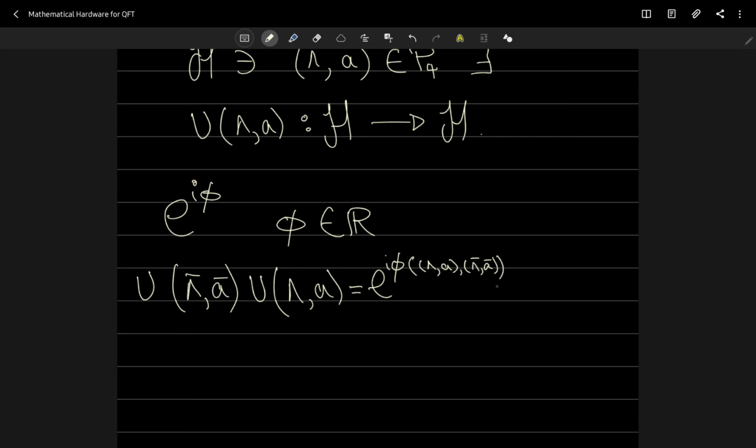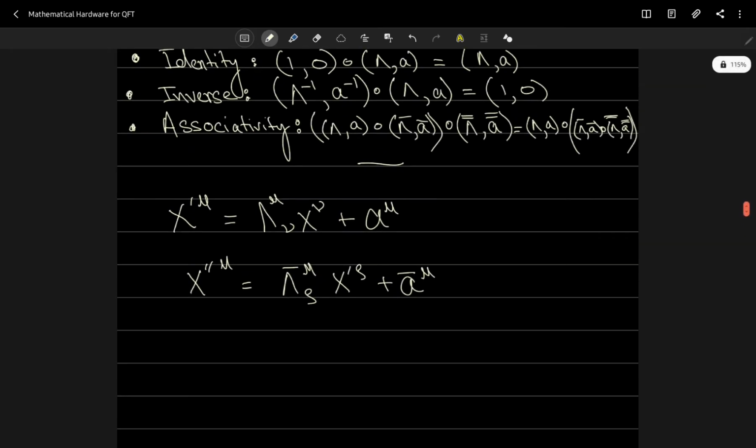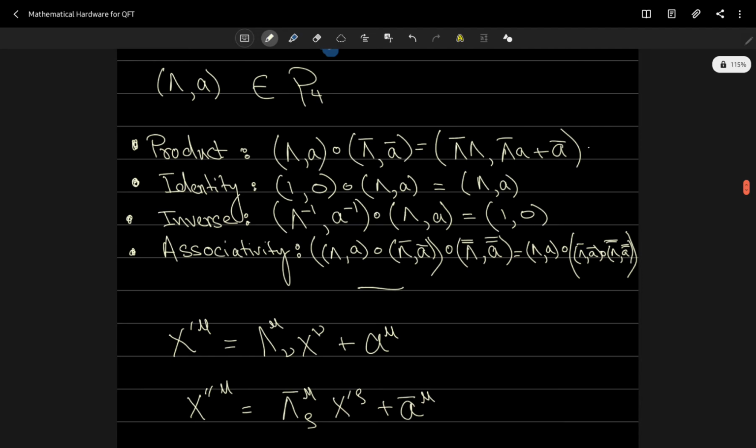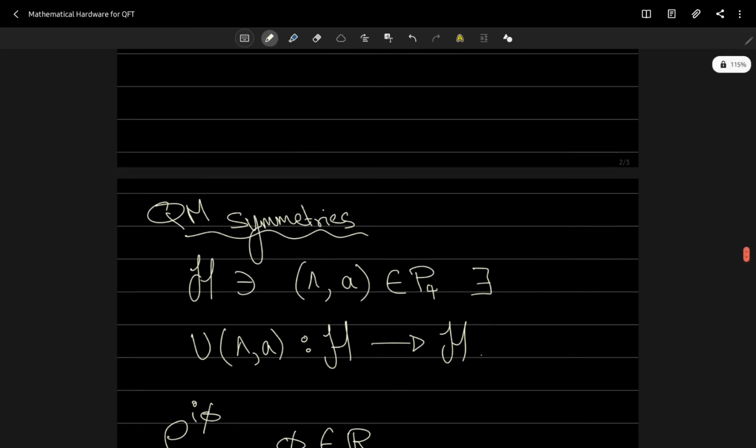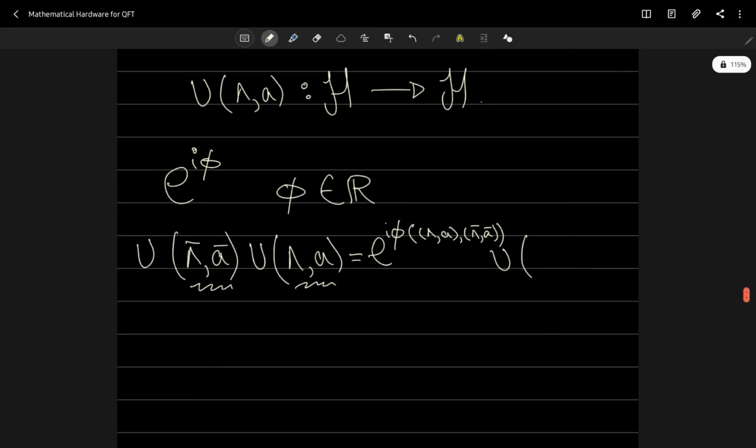And the product of this with the unitary transformation, now over here I would take the product of these, and so what I would get, if I go back up here, I define the product property that is over here. So what I would get is from that lambda bar lambda and lambda bar A plus A bar, right?